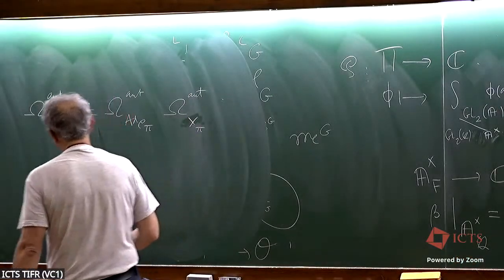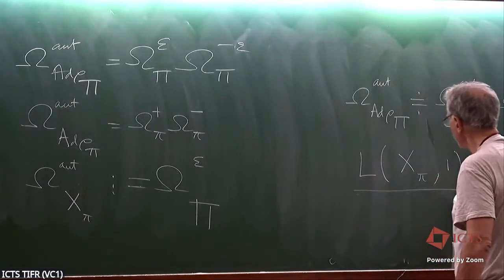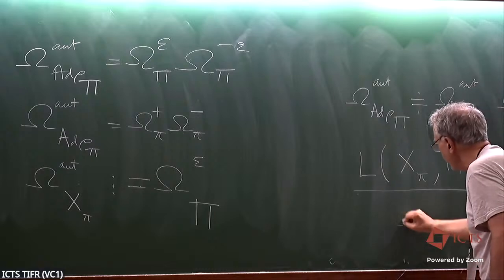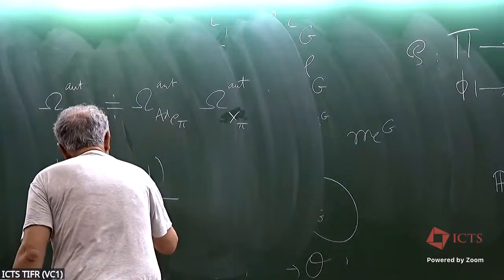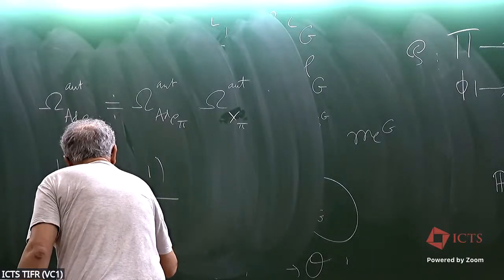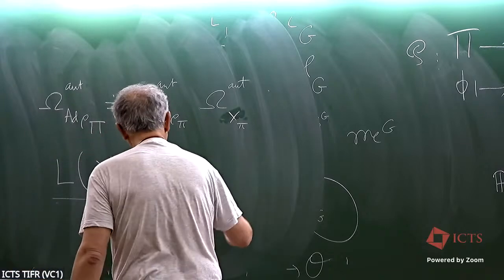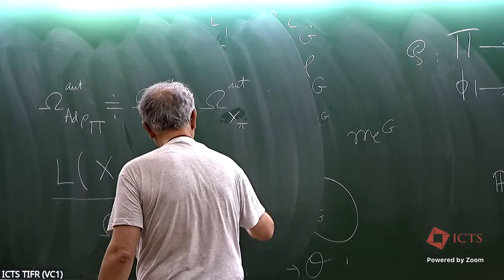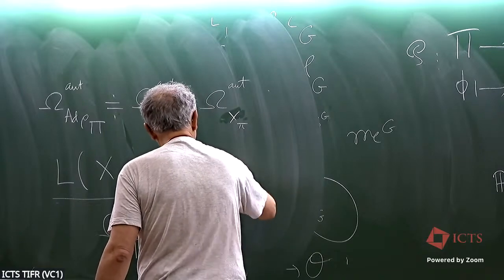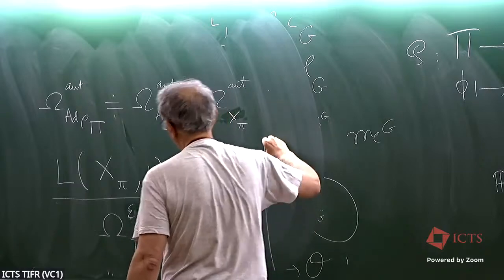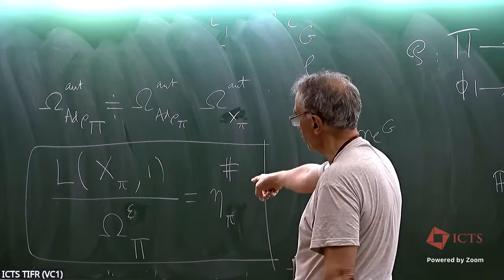And so the conclusion is that we have a Bloch-Kato formula for this motive, well, not exactly Bloch-Kato, this is the automorphic counterpart. The conclusion is that this divided by this thing is exactly eta lambda sharp, eta theta, eta pi sharp. Yeah, so that's what we prove in this real case. So this is the conclusion, okay?